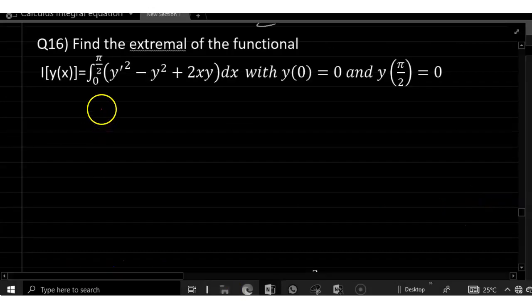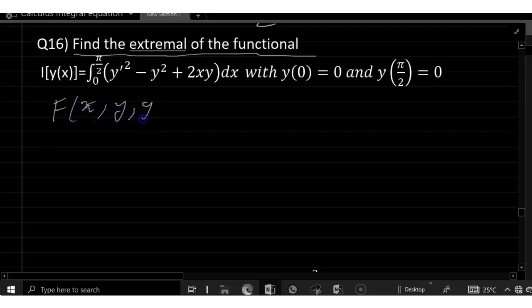Next, now we are going to solve the next problem. Find the extremal of the functional I(y(x)). So f(x, y, y dash) equals y dash whole square minus y square plus 2xy.